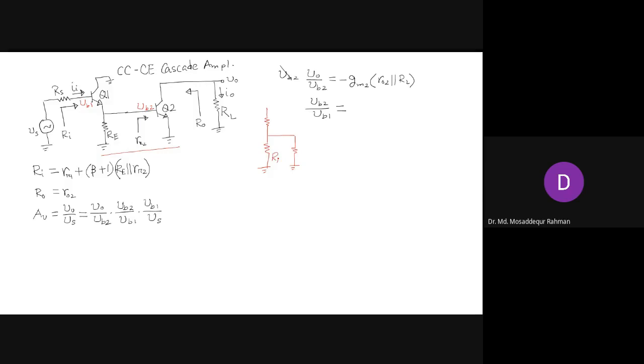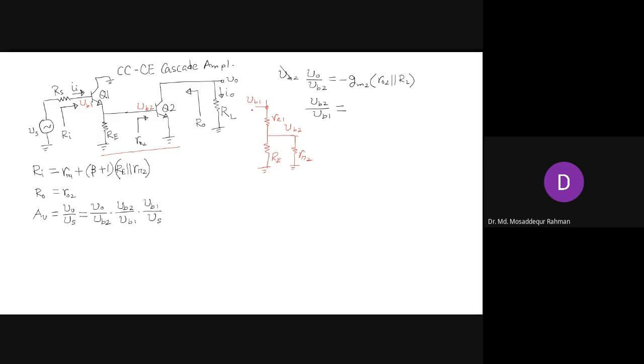We have RE and we have R pi 2, right? And that is the base point of Q2 and the voltage is VB2. And then here is the base point of Q1 and that is VB1, and the resistance here is RE1, right? So now you apply the voltage division rule here.